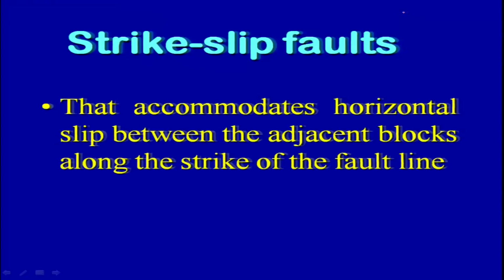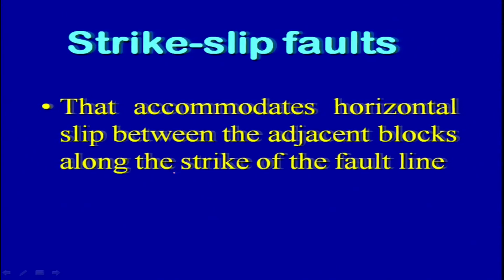So strike slip faults, as we were talking about, are those faults that accommodate horizontal slip between the adjacent blocks along the strike of the fault line. Okay. So this is the important part of the strike slip fault.